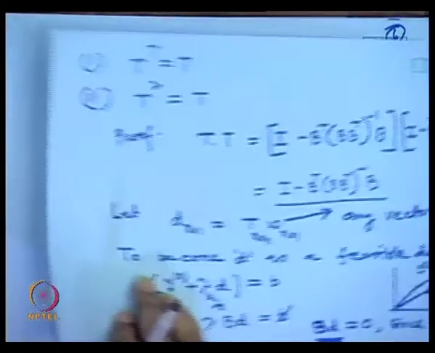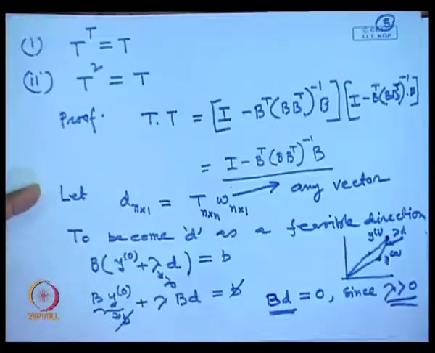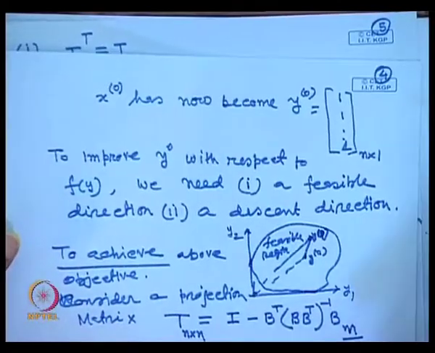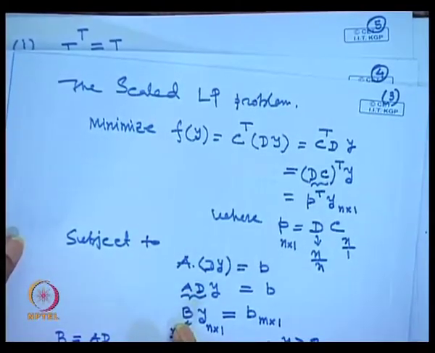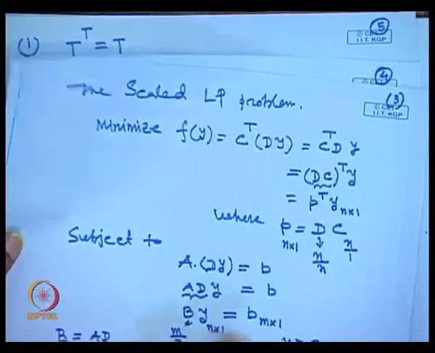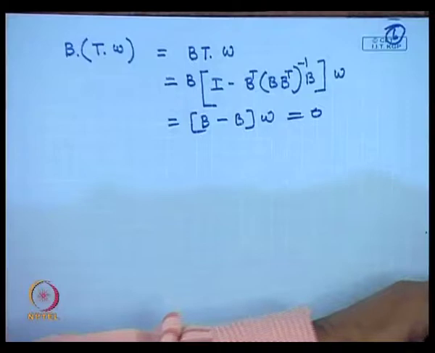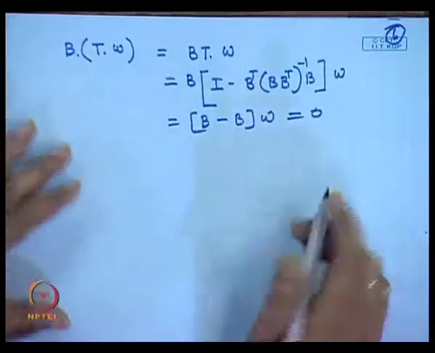Agree? Only one condition is there: if you see our B matrix, what we have, A and D, that must be full rank. That is the only condition, then this inversion exists.